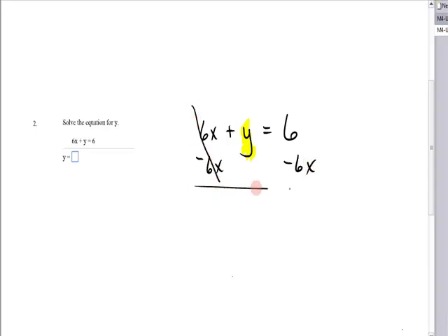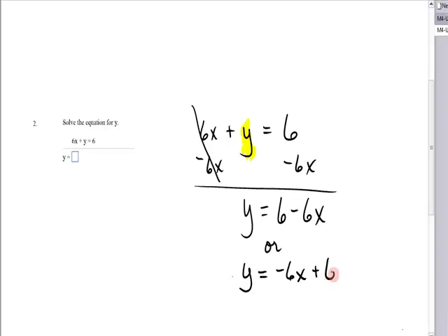That's gone. And I have y is equal to, now you could write this one of two ways. 6, those are not like terms, so I can't really subtract, I can just leave them. Or y is equal to, put the variable term first, and it's negative 6x, put the constant term last, and it's positive.